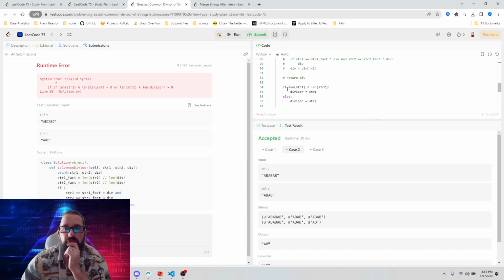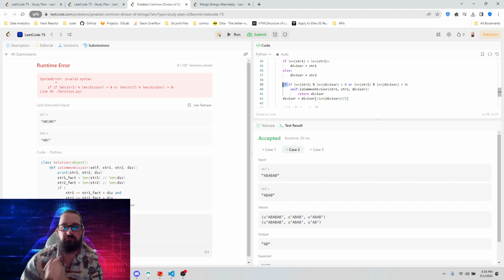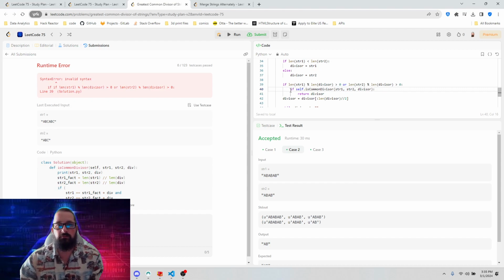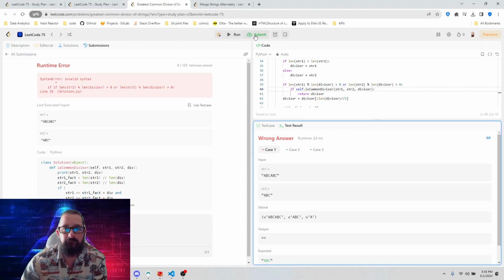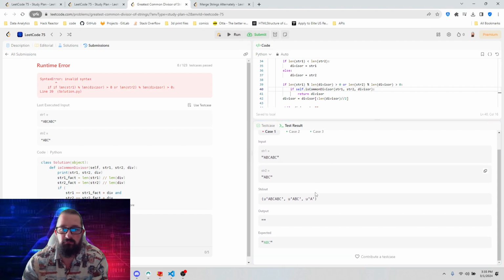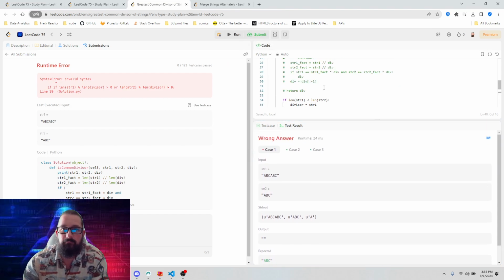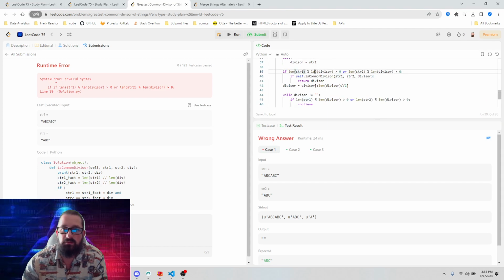Invalid syntax. What did I do? If. That'll do it every time. Okay. This gave the wrong answer. Why is that?